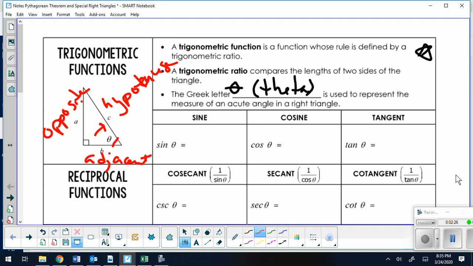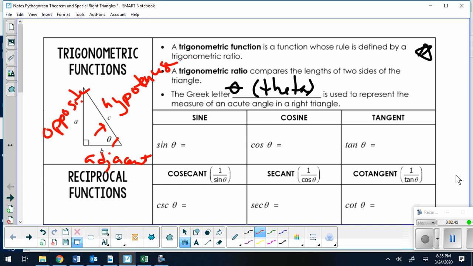We're going to compare these two sides. The reason we do this is because when we have our right triangles, those ratios are going to stay, and we're going to be able to use those ratios to find missing sides and missing angles. That's the key. All right, so here we go, because of similar triangles, if you want to know why.